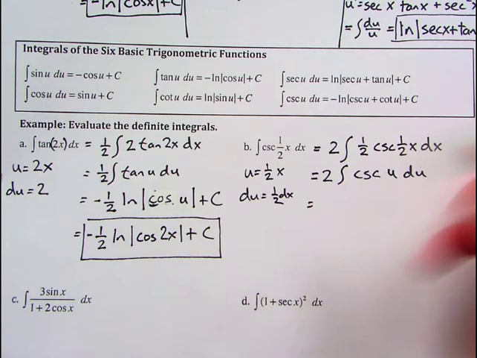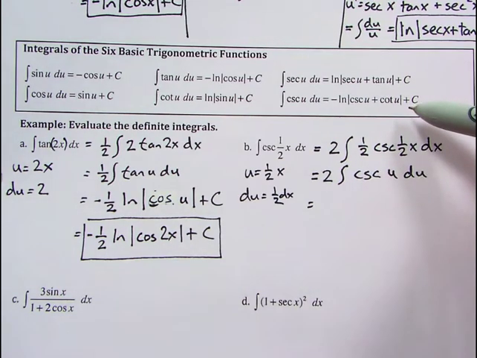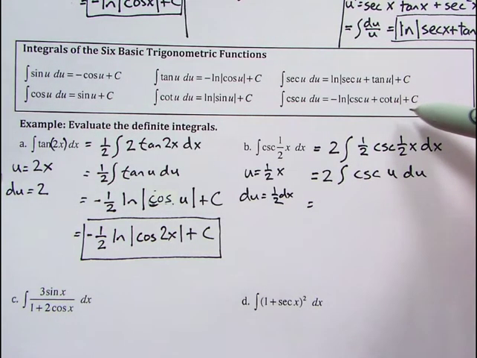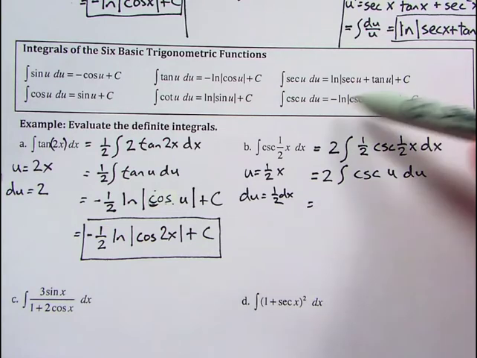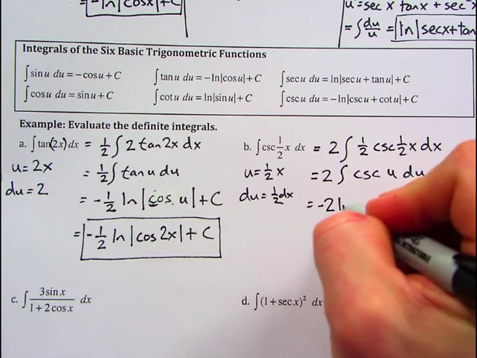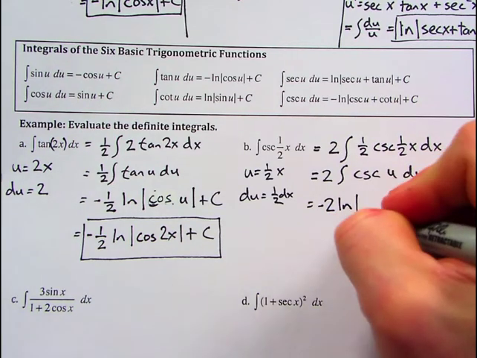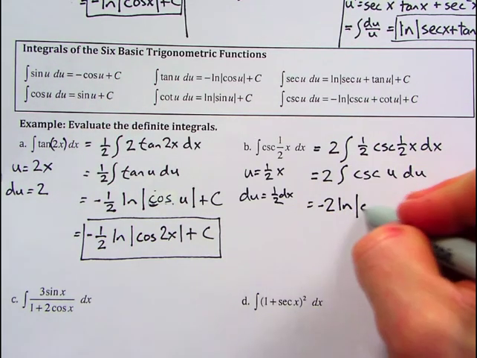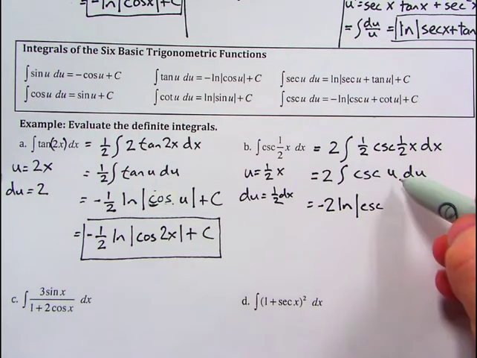Now we'll use our integral of the basic trig function. So we have negative 2 ln of the absolute value of cosecant u plus cotangent u plus c, and let's substitute u in.